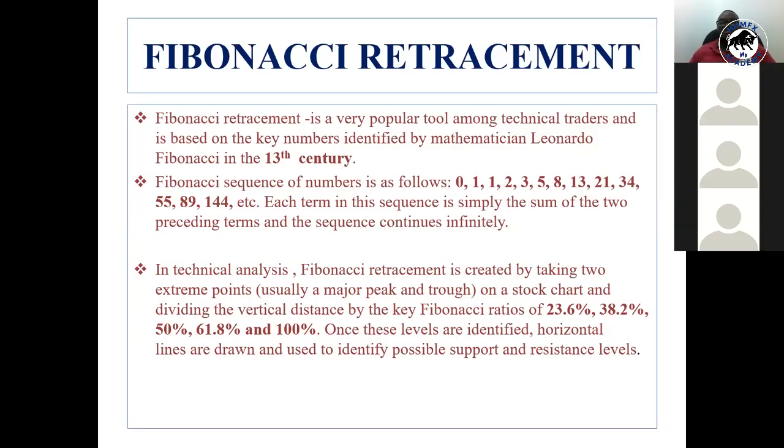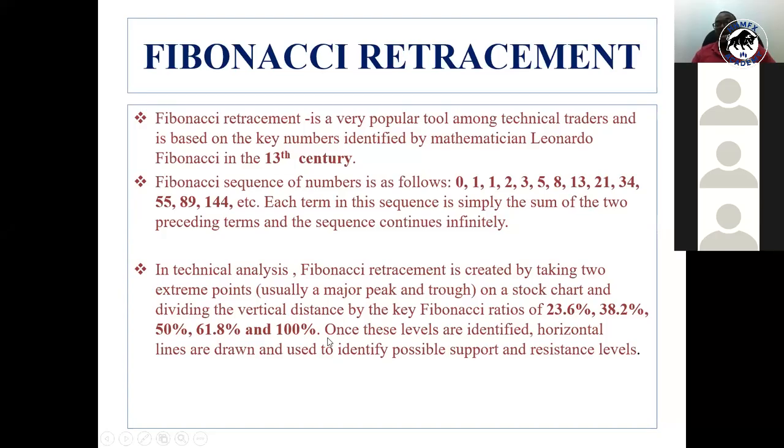But these numbers are not just numbers. There is a way, if you take one number divided by another, you get a certain ratio. And the ratios that you are going to get are the ratios that we find in the Fibonacci retracement. For example, the ratios are 23.6, 38.2, 50, 61.8, 100.